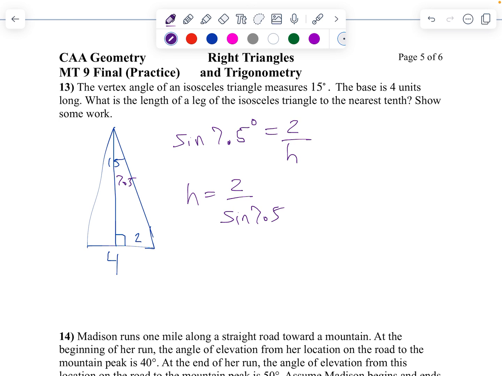So if we take 2 divided by the sine of 7.5, we get about 15.3 rounded to the nearest tenth. So that would be the length of that side.